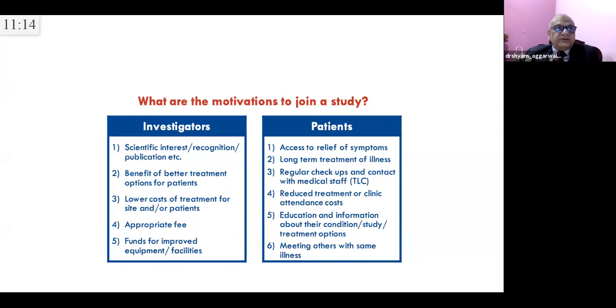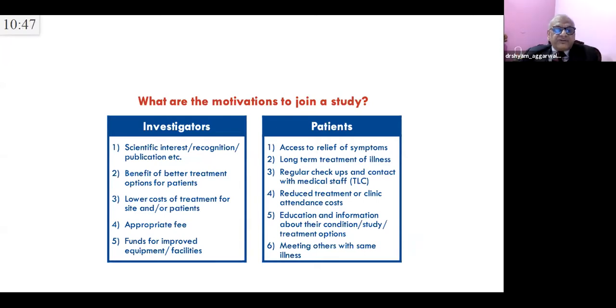You might have heard about the drug, and you certainly want first-hand information and knowledge, and the practical aspect, which is what the trial gives you. Of course, if the drug turns out to be good, it is of benefit to the patient as well. So you have an additional option for patients who are not responding to previous treatments.